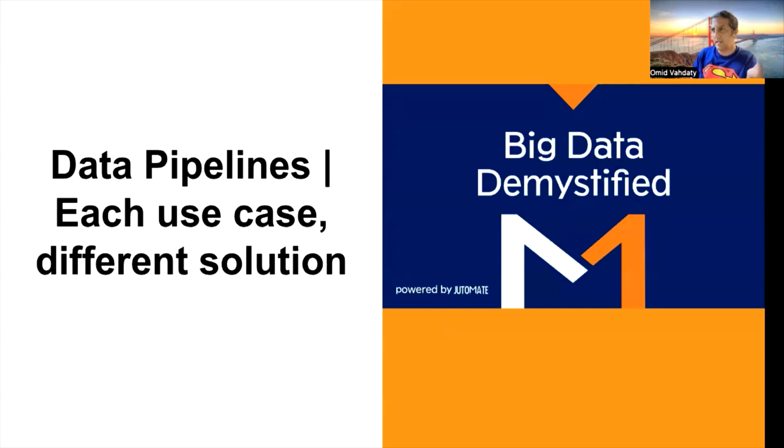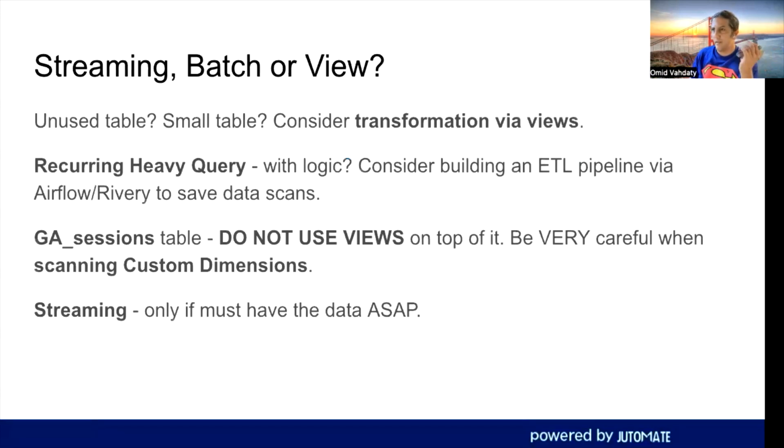Data pipelines. So essentially, it's important to understand as a data engineer using cloud solutions the difference between streaming, batch, and a view. If it's an unused table or it's a small table, consider doing transformation via views.